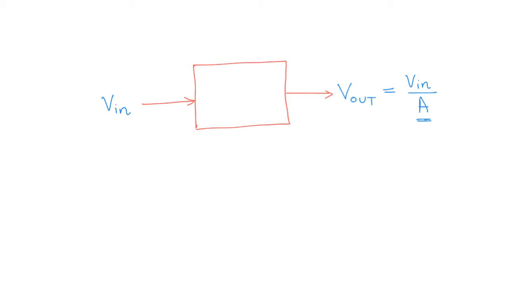That's voltage division. In a similar way, I also want to give you a circuit that takes a current input and gives you a current output equal to the input current divided by a constant value. This is what I mean by voltage or current division.